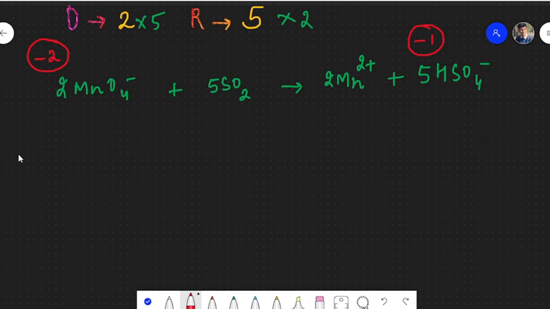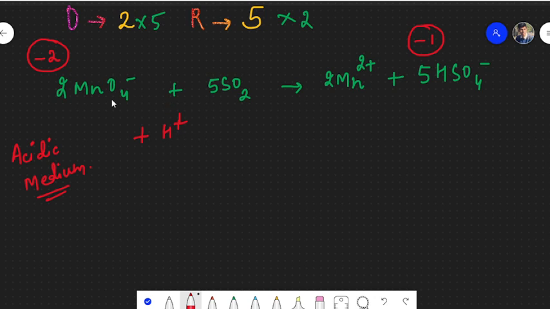Currently I am doing this in acidic medium. In acidic medium, the point to remember is to calculate the charge on both sides, and to balance the charge you have to use H⁺ ions. So here is -2 and here is -1, so put one H⁺ here. So the overall charge becomes -1 on the reactant side and -1 on the product side.